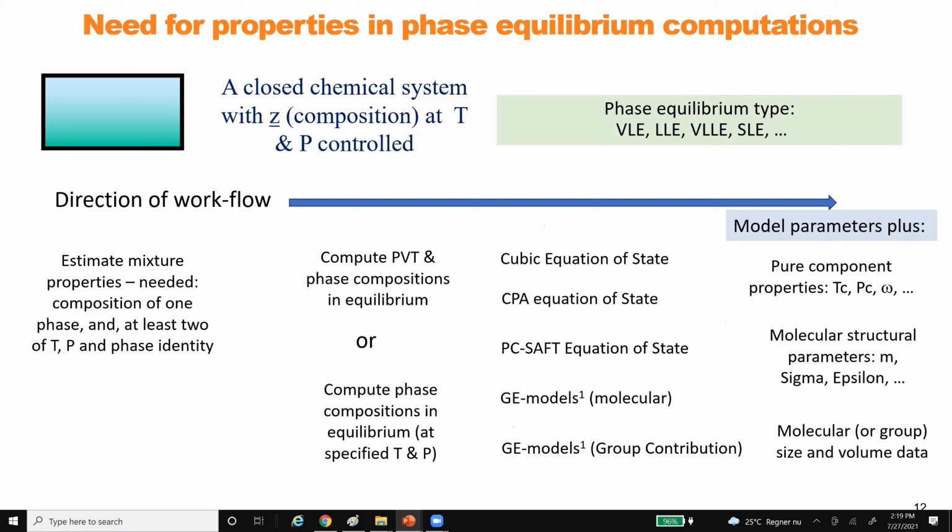So depending on which type of system we have and which type of model we have, we will need different types of parameters. The GE models will not give us the pressure, volume, temperature relationships. They will just give us the phase compositions, and we will have to separately calculate the PVT relationships with another model.